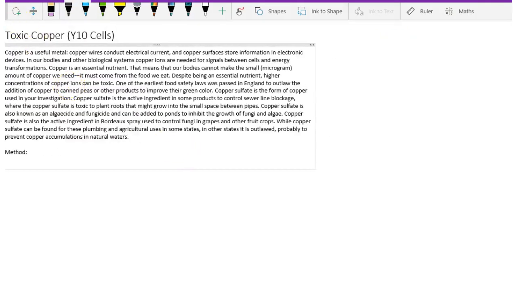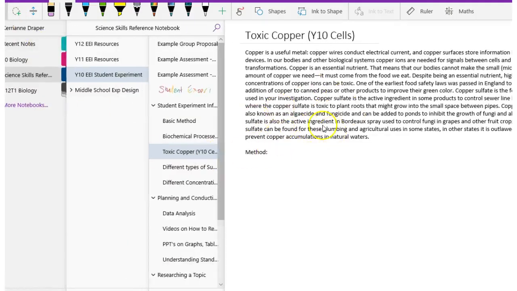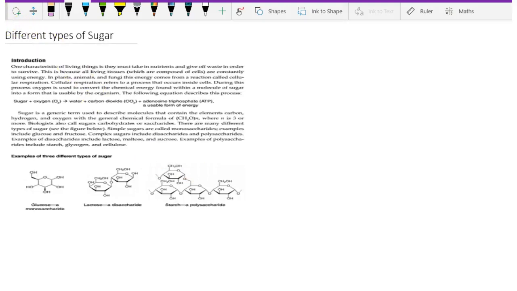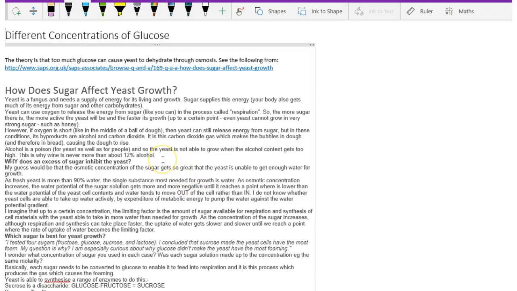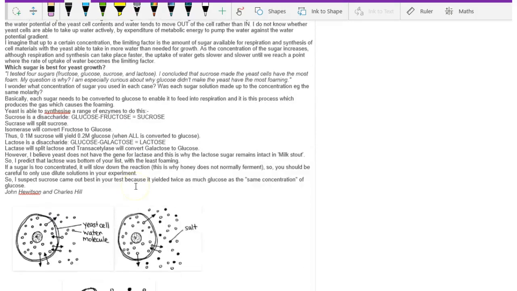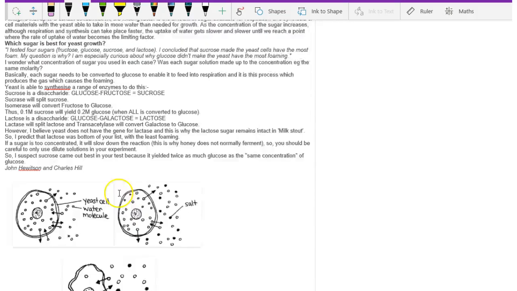For toxic copper, I gave you information about that. And remember, it's used as a fungicide and stuff, so it's often found on fruits that are used then to make wine. For different types of sugar, there's that, plus I've also added in some extra pictures. And for concentrations, here's a picture of what happens if you actually have too much sugar.